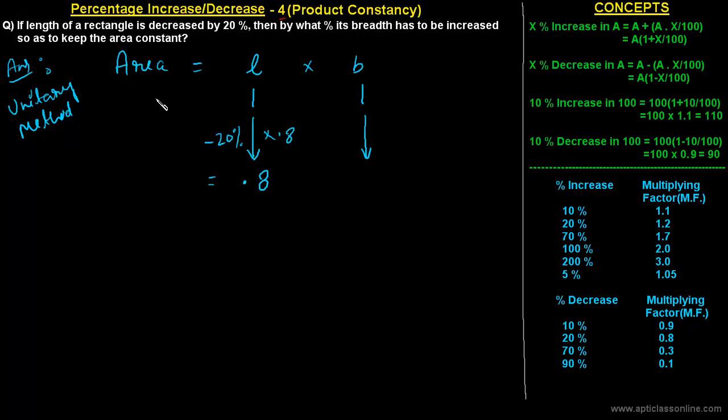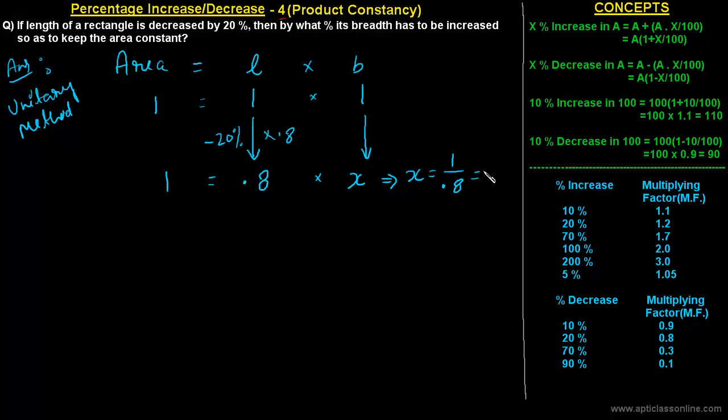Initially the area was 1. Why? Because length 1 and the breadth 1, 1 into 1 is 1. Finally also the area is 1 because that has to be constant, and corresponding to that we should get a value of b. Suppose it is x. So with this simple equation we can get the value of x is equal to 1 by 0.8.